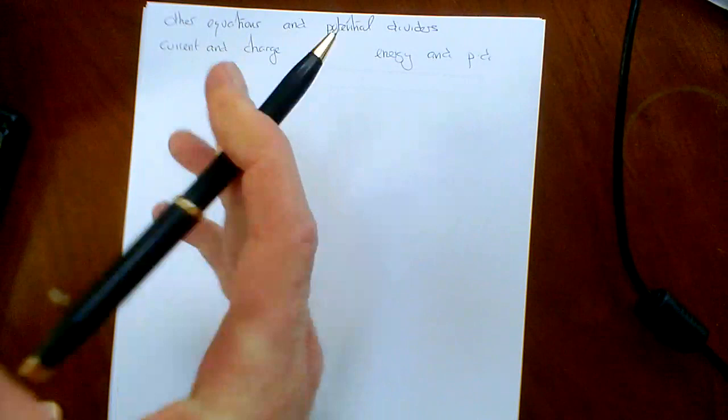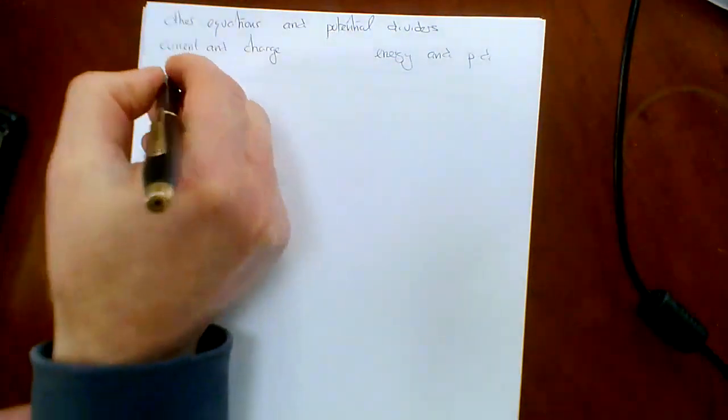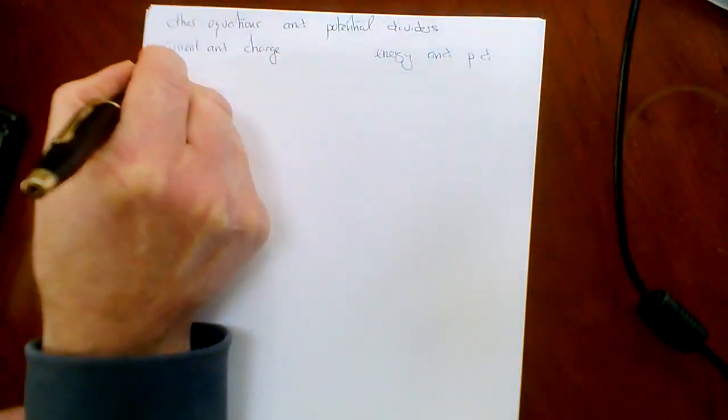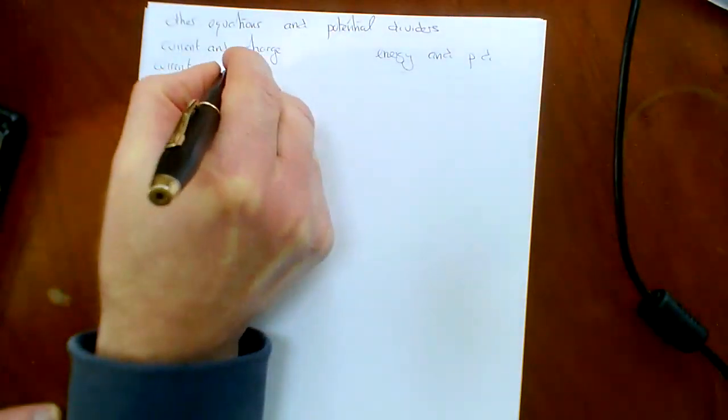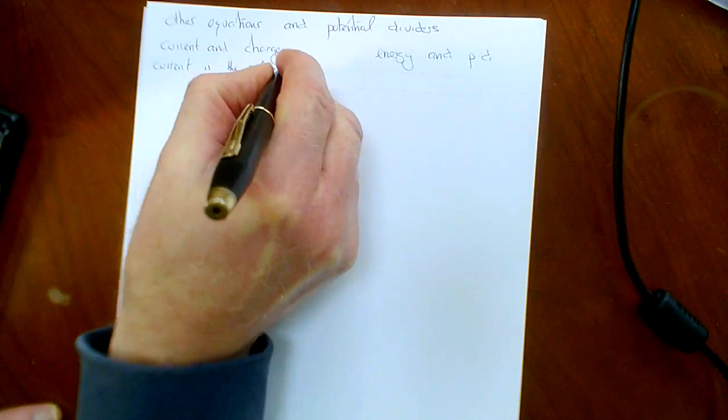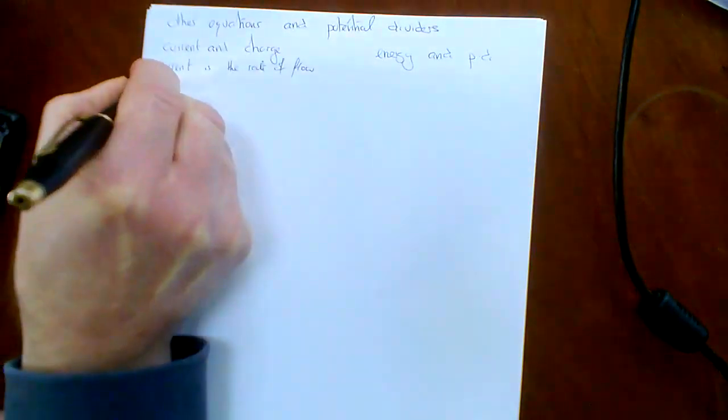So the relationship between current and charge, you'll remember we said that current is the rate of flow of charge.